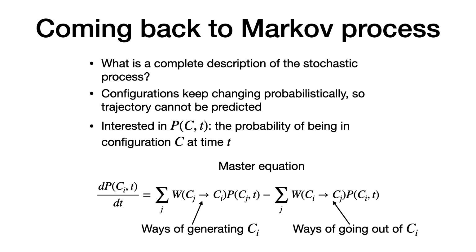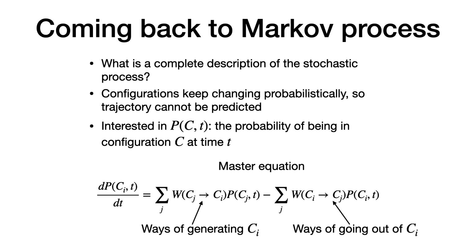So clearly there is no particular trajectory to be predicted. What we can try to answer is: what is the probability that the particle or the system is in configuration C at time t? This is the quantity that completely describes the system.